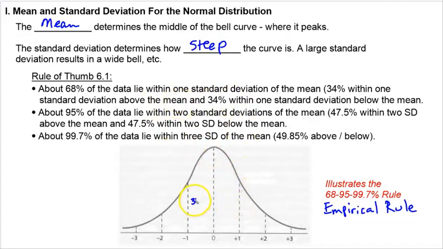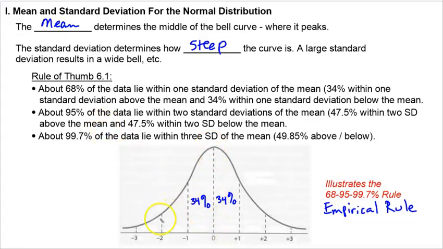So using our picture here, we could fill in this area. This represents a total of 68% of the data that will fall within one complete standard deviation of the mean. And as the rule of thumb says, you can split these up into two 34% areas each. Remember, there's symmetry with this line.